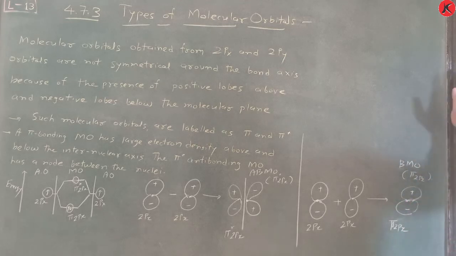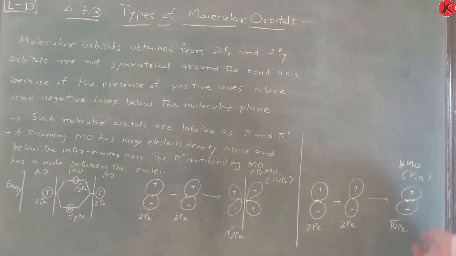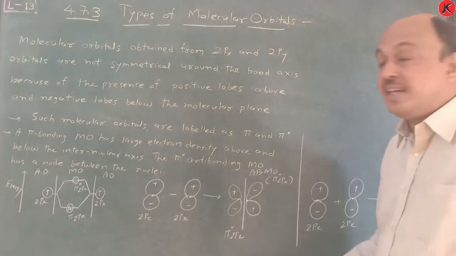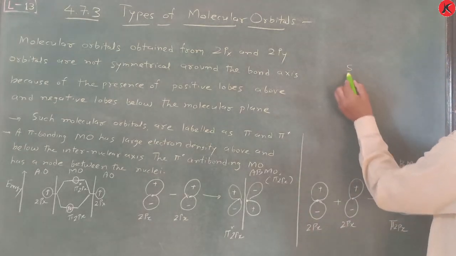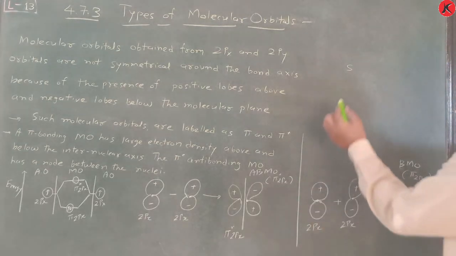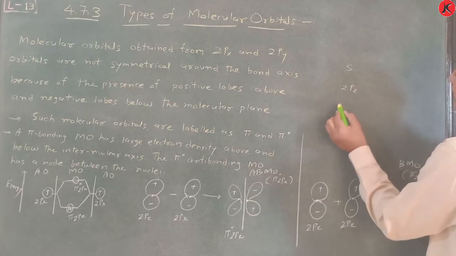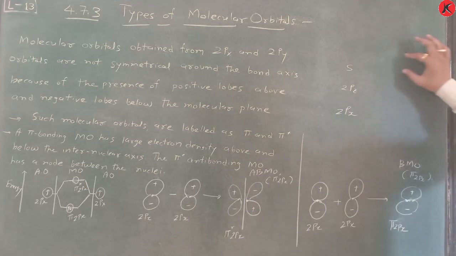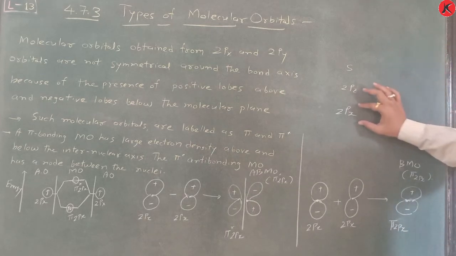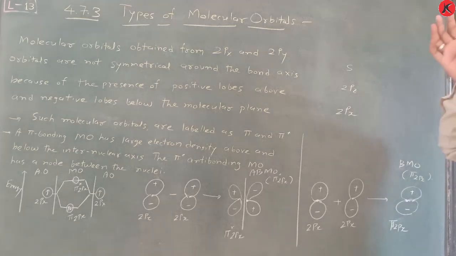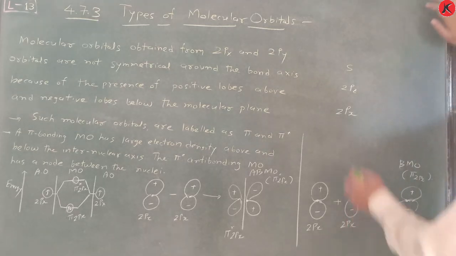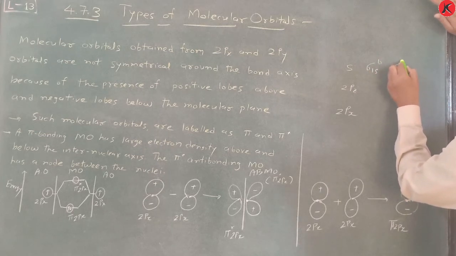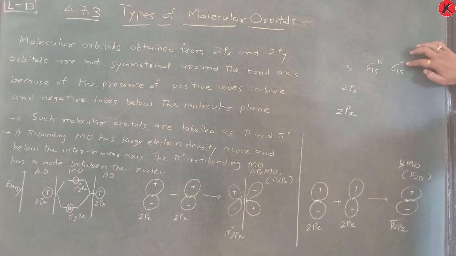So this is nothing but the types of molecular orbitals and their diagrams. First of all we discussed the s orbital, then the 2pz orbital, then the 2px orbital. In the s orbital, we have sigma 1s bonding and sigma star 1s, that is anti-bonding.